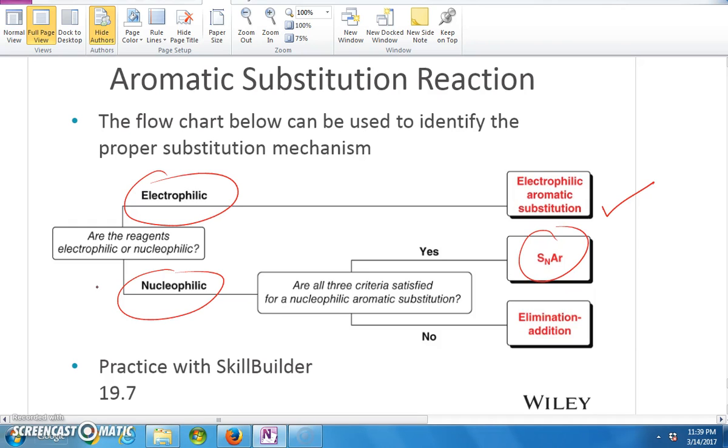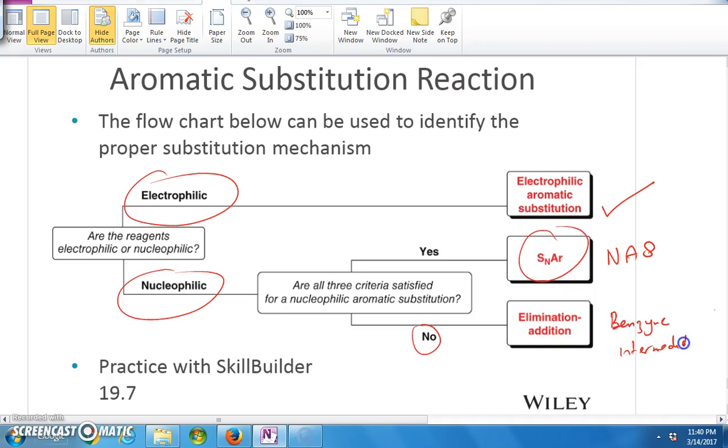That means it has a good leaving group, it has an electron withdrawing group in the ortho or para position, and it has a nucleophile. If those three conditions are met, then you're going to have what we call a nucleophilic aromatic substitution. But if those conditions are not met, then you're going to have an elimination-addition, which goes through the benzyne intermediate.